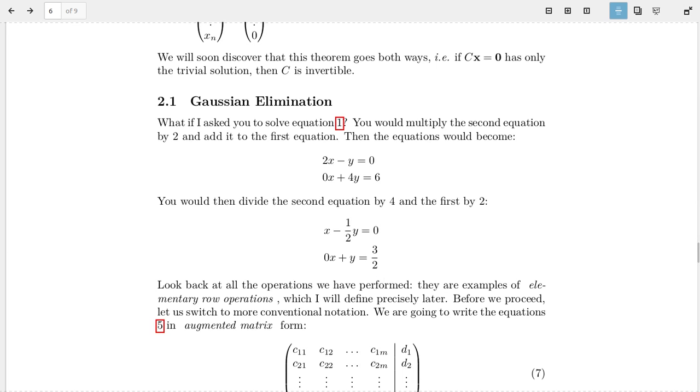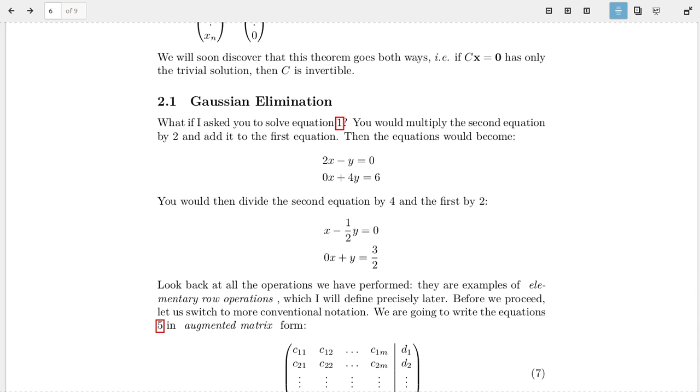Multiplying it by 2 makes it negative 2. Add that to the first equation, and of course that gives you 0x, which is 0. Then you would divide the second equation by 4 and the first by 2, and you would end up with y equals 3 over 2. You would substitute that value of y in the first equation and you would get the value of x.